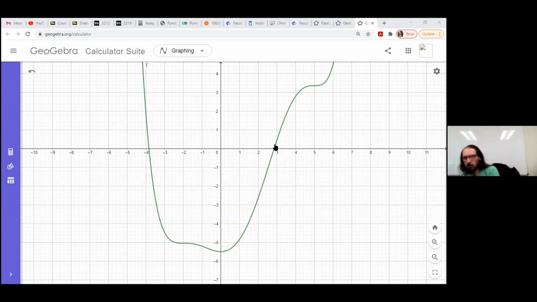That, plus the end behavior, the far left and far right: the graph is going in the same direction as x approaches negative infinity and as x approaches positive infinity. This is going off in the y direction towards positive infinity on both sides. So we know that this is going to be even degree. It's going to be a positive lead coefficient because it opens up instead of down.